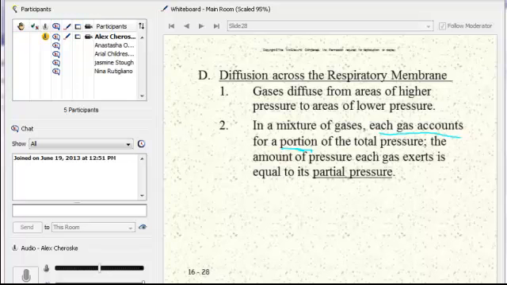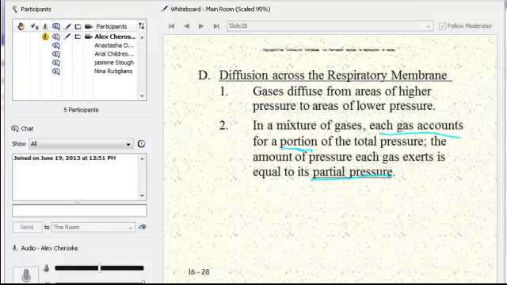Before, we were saying atmospheric pressure is commonly 760 millimeters of mercury. 79% of that number, like I don't know what that's going to be, like 600 or something like that, millimeters of mercury, is going to be from nitrogen. And a smaller amount is going to be from oxygen, and a smaller amount still is going to be from carbon dioxide, etc. So each of those gases exerts its own what's called partial pressure.